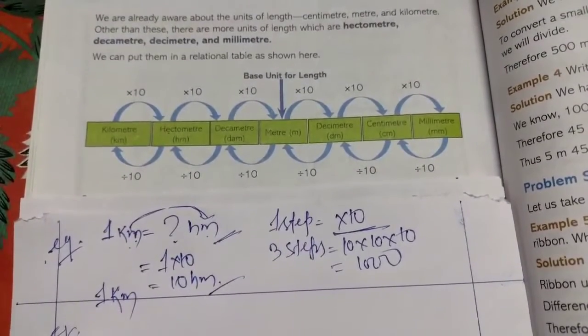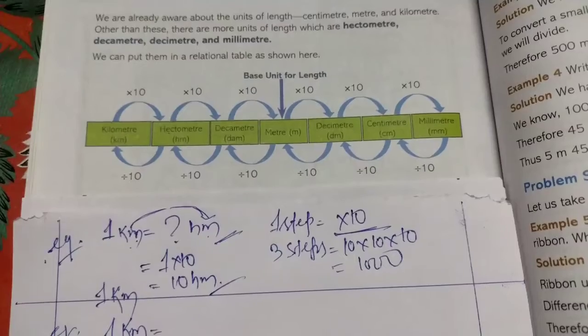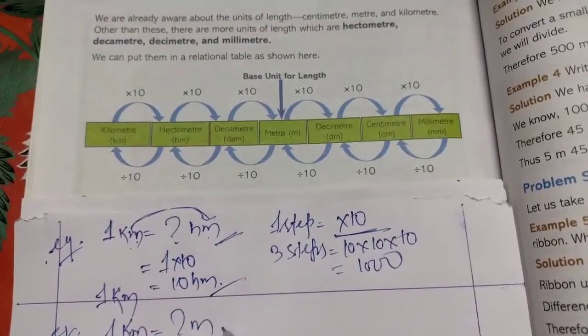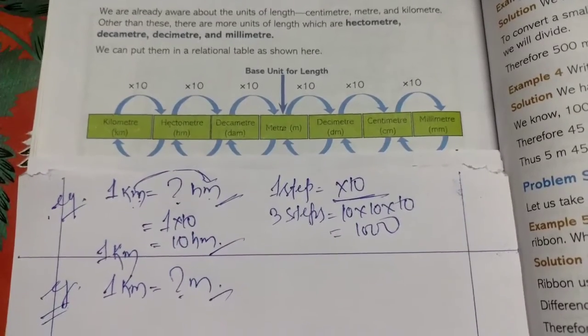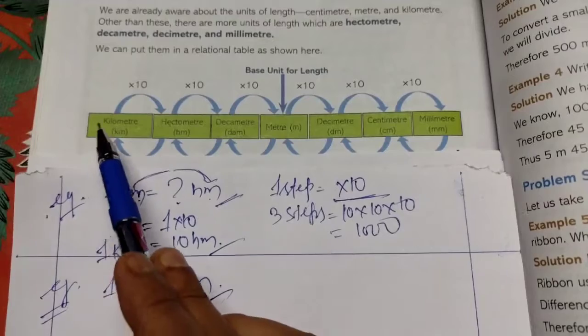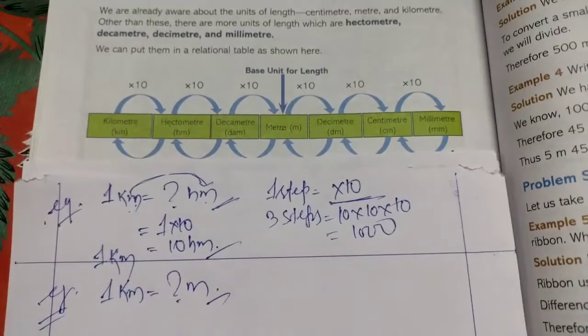Now let me share the second example for you. Can you please convert 1 kilometer into meter? How much meter will it be? What is the question? I have asked you to convert 1 kilometer into meter.